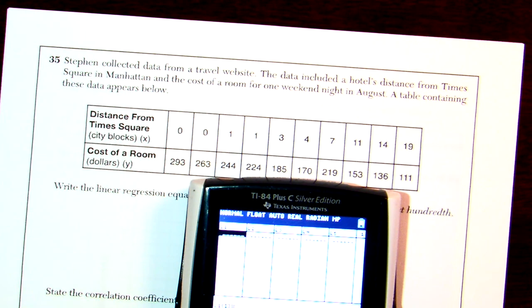We have 0, another 0, 2 1s, a 3, a 4, a 7, an 11, a 14, and a 19.